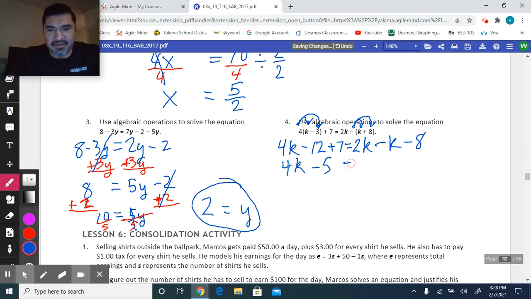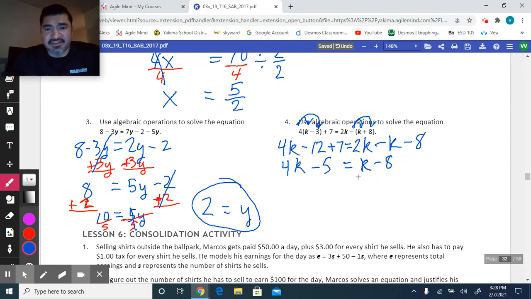I'm going to bring down the equal sign. And then on this side, I have 2k minus k. Well, if I have 2k's and I take away a k, then I only have 1k. And 1 times k is just k. So I combine these two terms, and I'm going to bring down the minus 8.